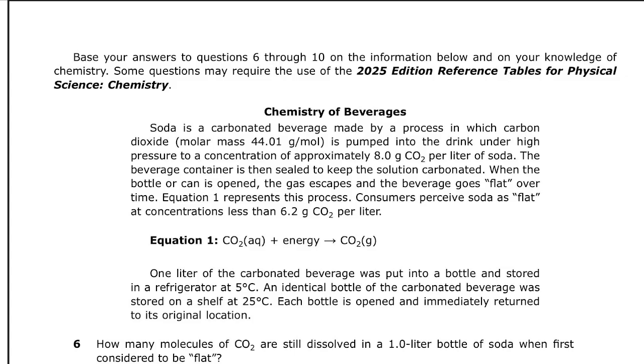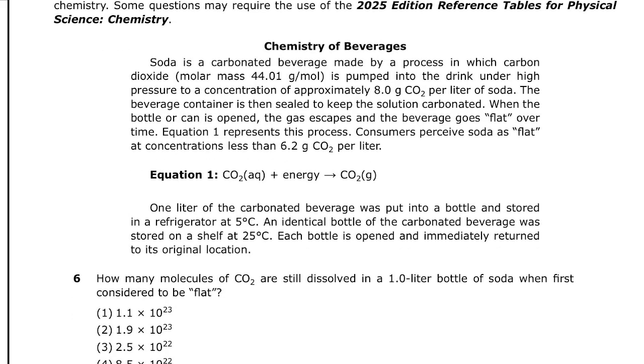The beverage container is then sealed to keep the solution carbonated. When the bottle or can is opened, the gas escapes and the beverage goes flat over time. Equation 1 represents this process. Consumers perceive soda as flat at concentrations less than 6.2 grams of CO2 per liter.